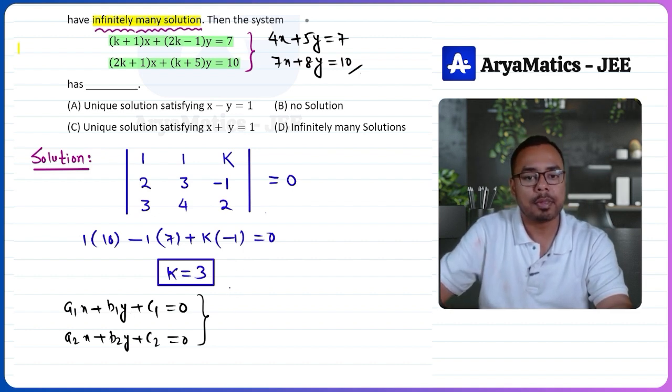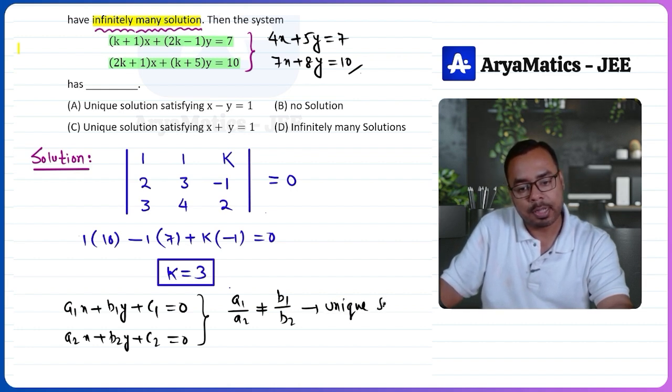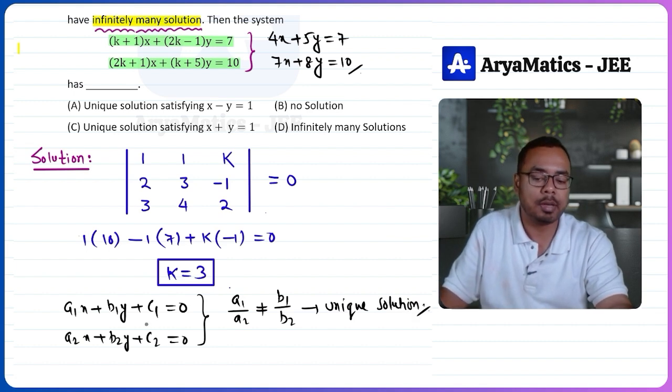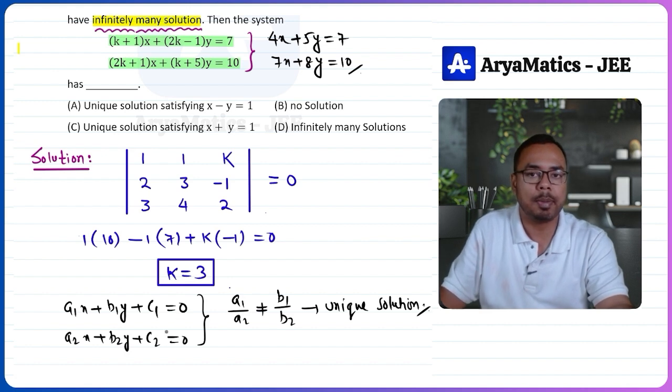If a1 by a2 is not equal to b1 by b2, the lines are not parallel, and in that case we'll get a unique solution. For infinitely many solutions, a1 by a2 equals b1 by b2, the same as c1 by c2. And for no solution, a1 by a2 is the same as b1 by b2, but not equal to c1 by c2. That means in that case the lines are parallel.